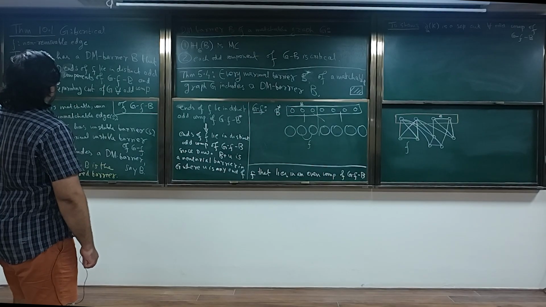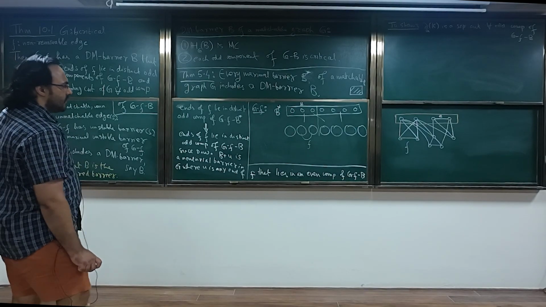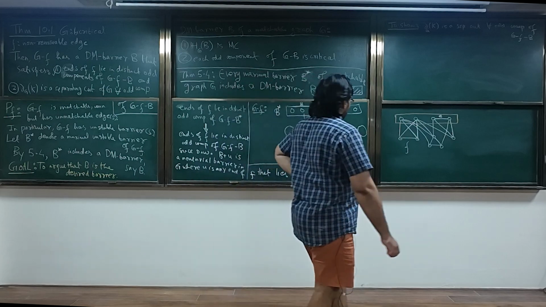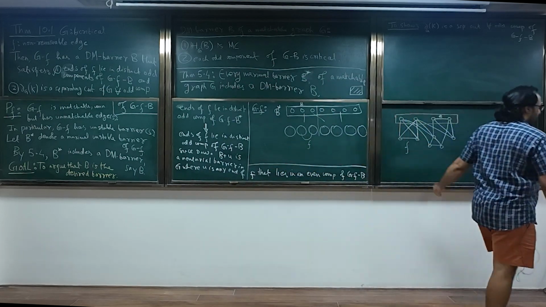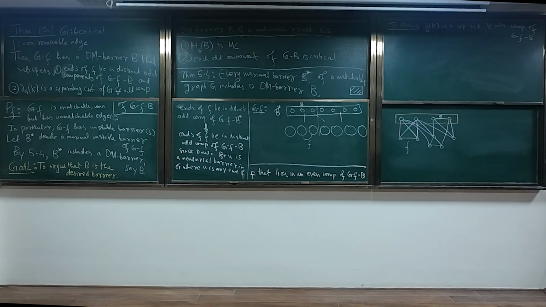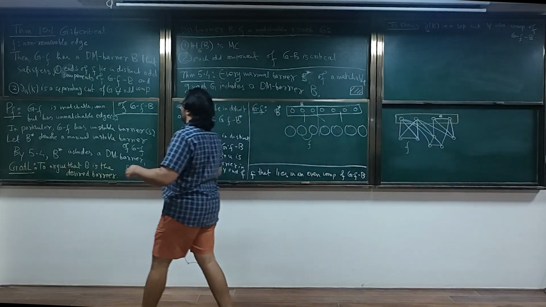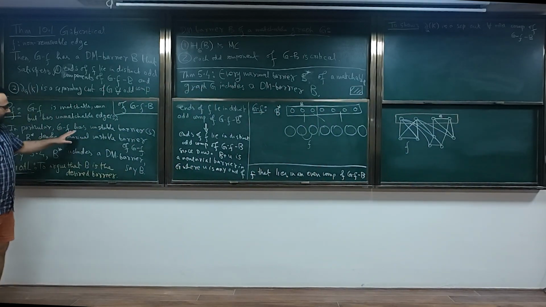This includes a Dulmage-Mendelssohn barrier. Probably this part. Yeah, so they have not shown the B. So basically the point is, this is a maximal unstable barrier, so it fits our proof.